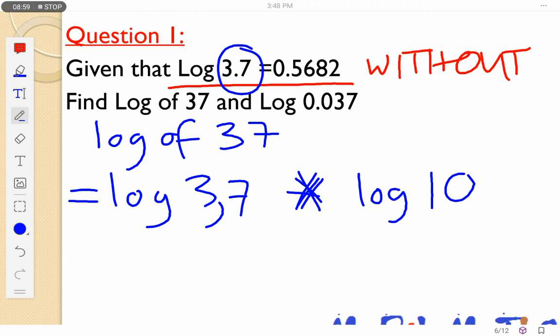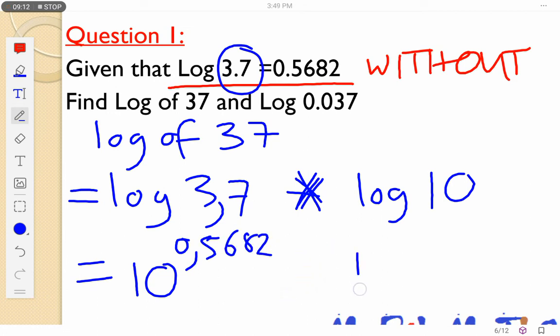So when I have something like this, it can become, in terms of their powers, 10 to the power of 0.5682 times 10 to the power of 1. Okay, like this.